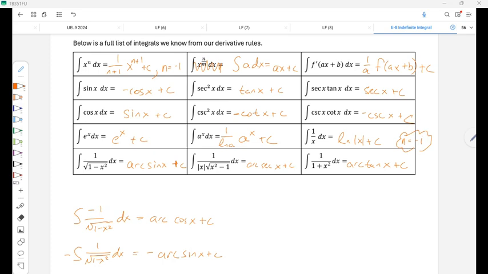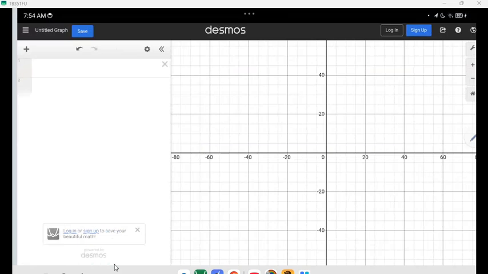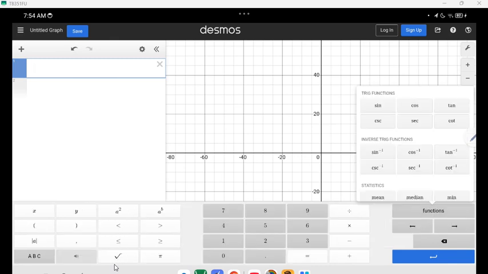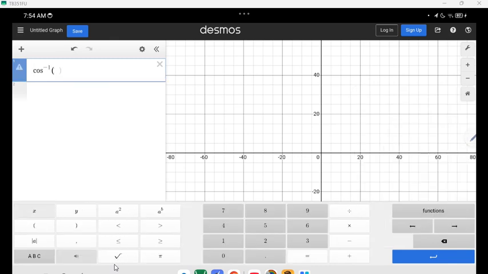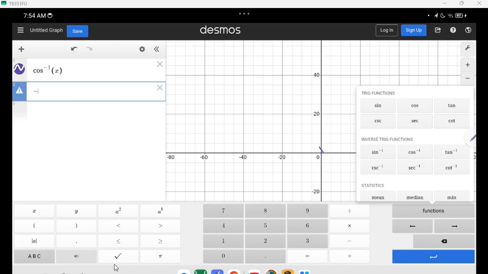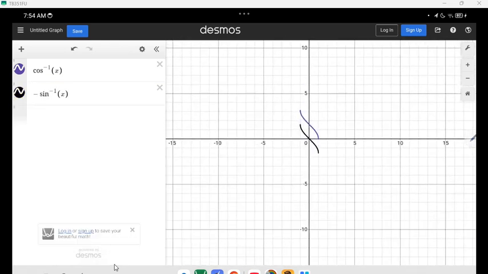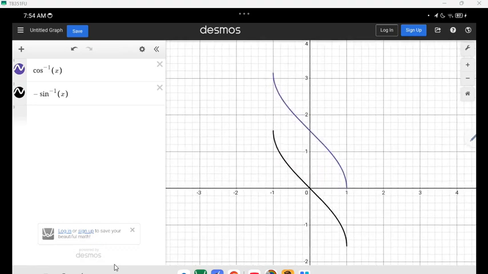And a little bit of a picture to go with that, taking a quick look at Desmos. Arc cosine of x, and then I do the same thing, but negative arc sine of x. They're just vertical shifts of one another.